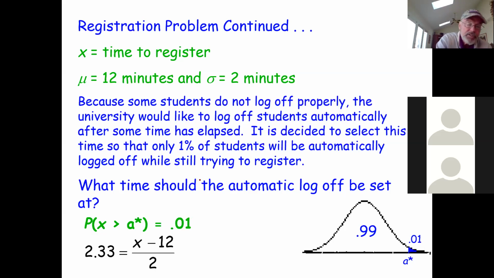Here is our z-score right there, and that is associated with this probability here. And now we're going to solve, not for the z-score, but for x.